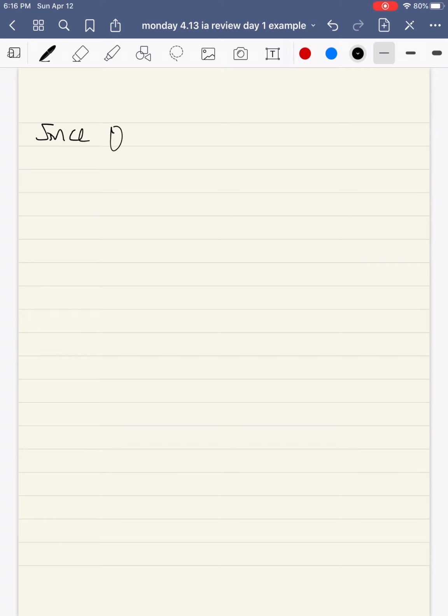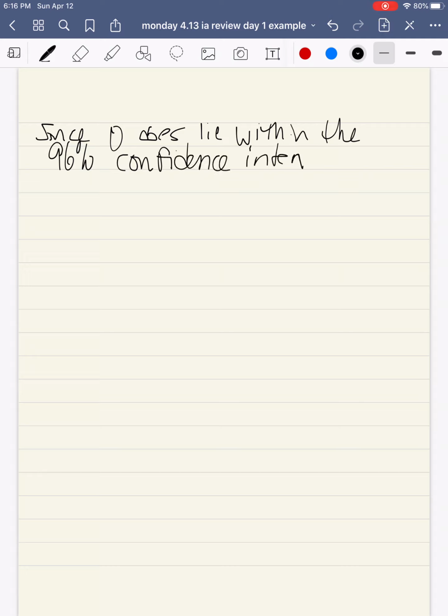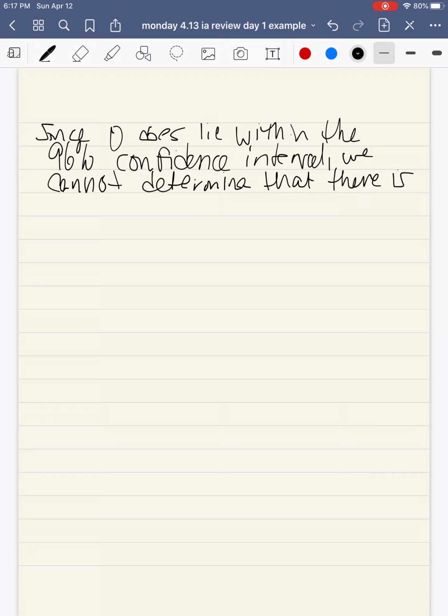So since 0 does lie within the 96% confidence interval, we cannot determine that there is significance.